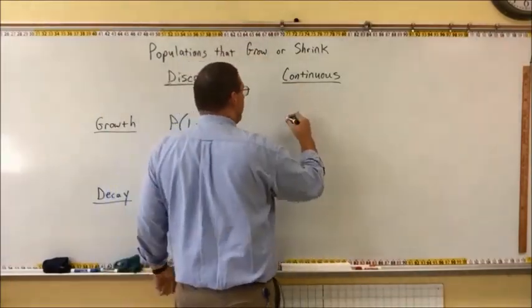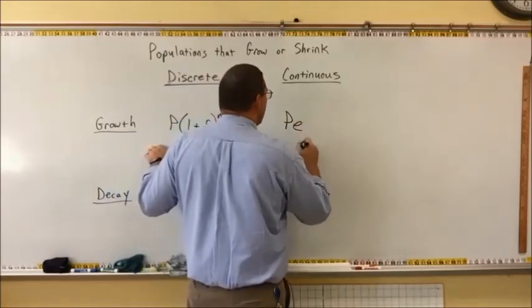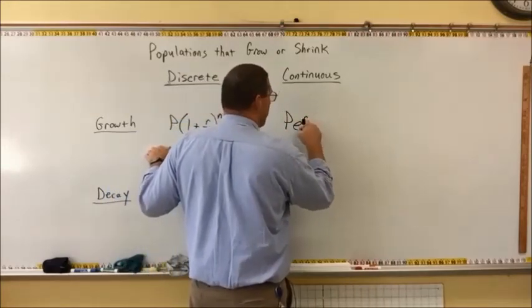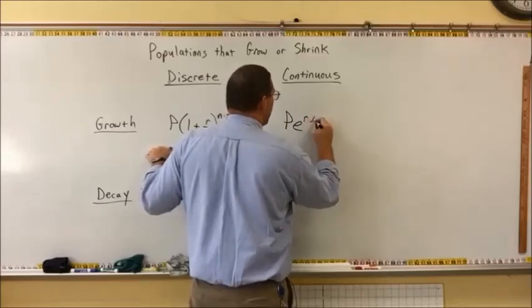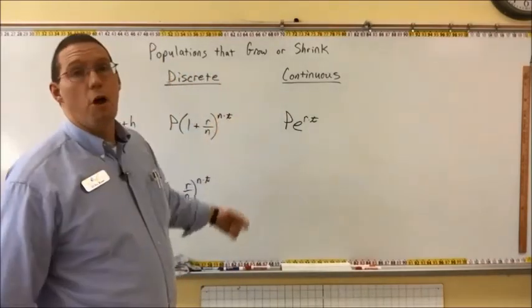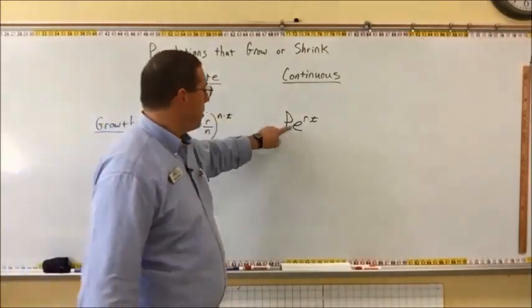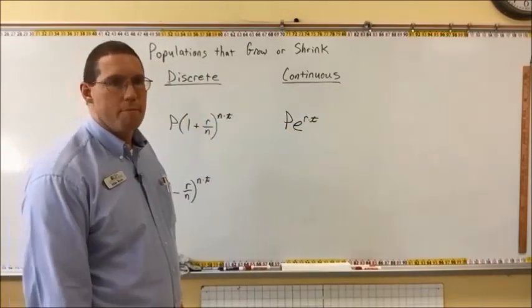Here's the formula for continuous growth. P again times e to the power of r, that's the percentage rate as a decimal, right? To the power of r times t, times time. Sometimes we call it the PERT formula because it's P-E-R-T. P times e to the power of r times t.